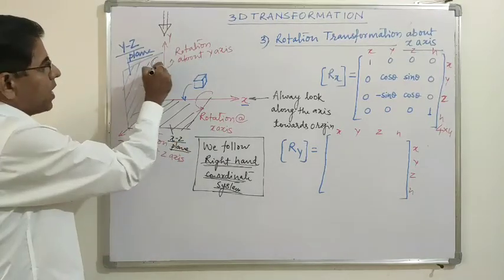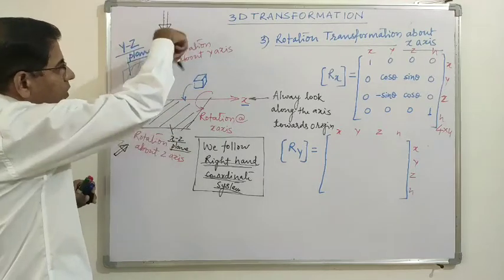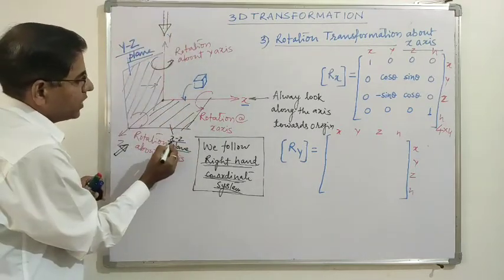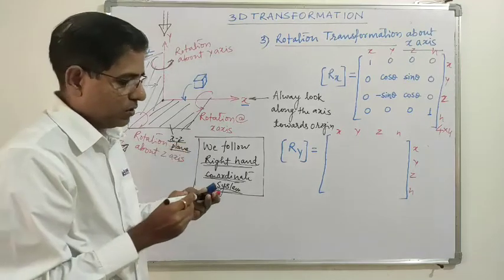So rotation about y-axis means we are rotating it in the xz plane. So we keep the cos theta and sin theta values at x and z positions.